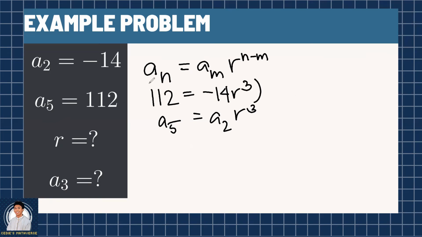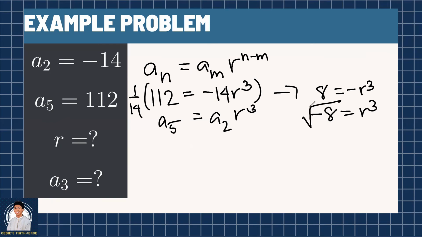Dividing both sides by 14 gives us 8 equals negative r cubed, or negative 8 equals r cubed. Getting the cube root of both sides will yield the same value, or negative 2.